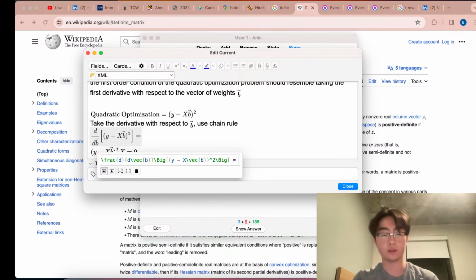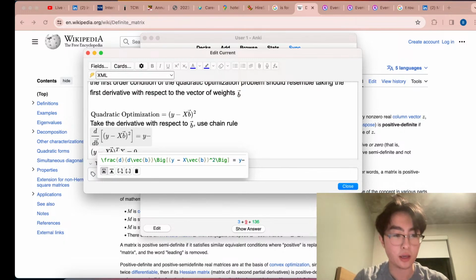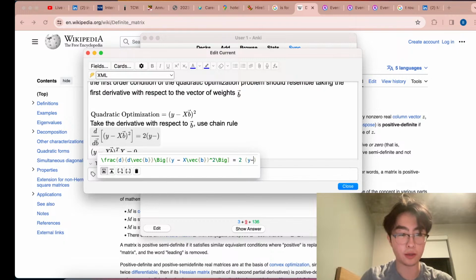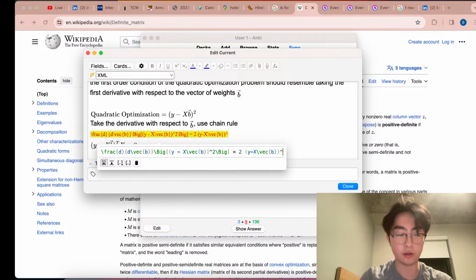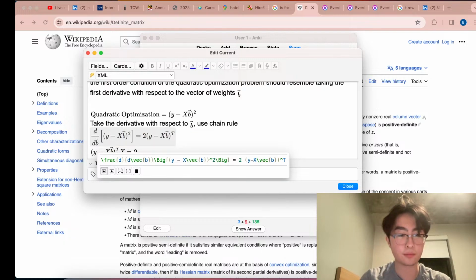Because I would think it would look something like 2 times y minus xb, and then we transpose negative x.